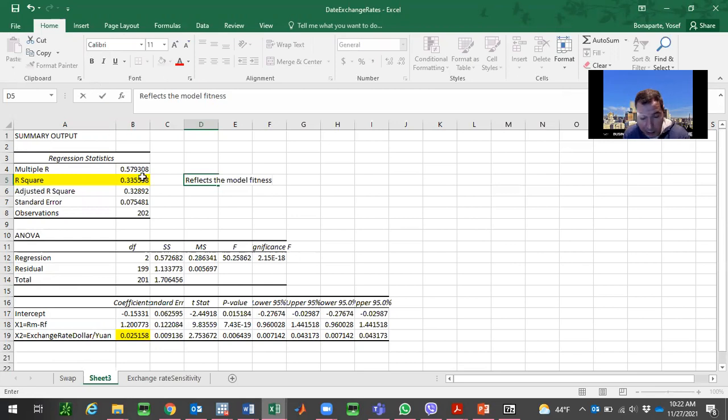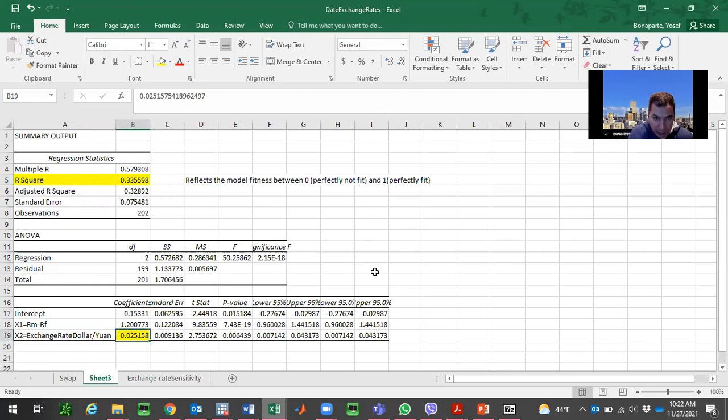Look at this, 33%. Model fitness is between 0, which is perfectly not fit, and 1, perfectly fit. Now we're at 0.33, a very good R square. If it's 0, that means the model doesn't predict Apple's return.